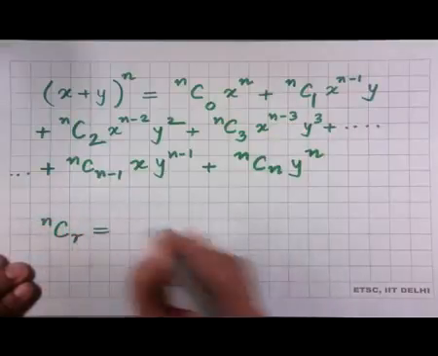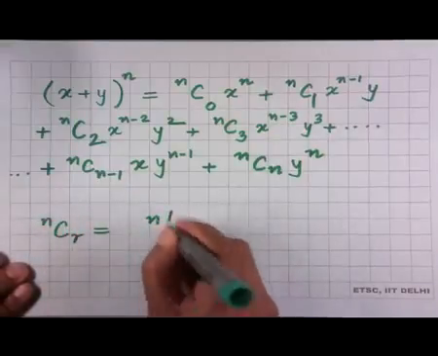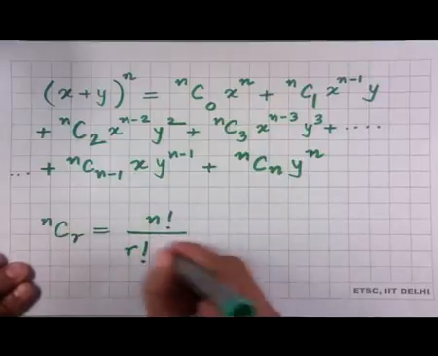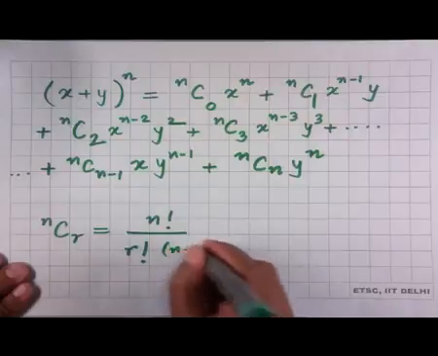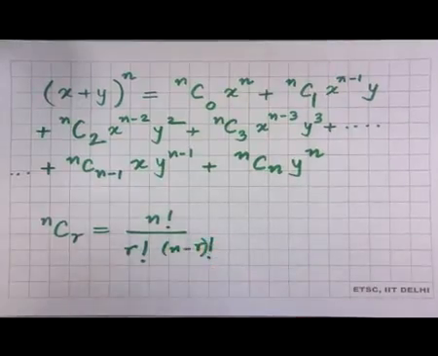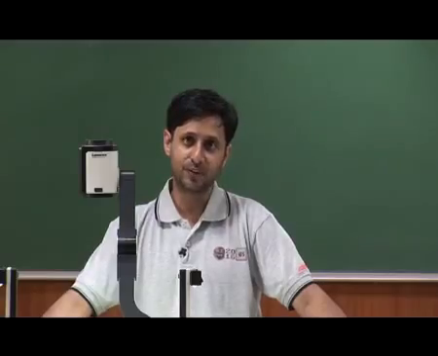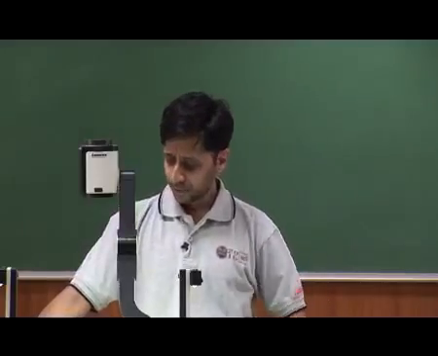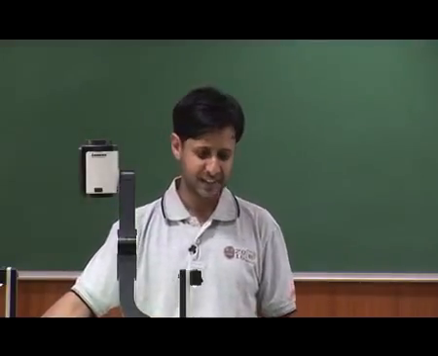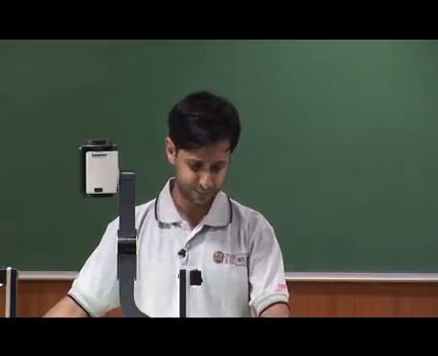I hope you know the combinatorics. It is factorial n by factorial r and factorial n minus r, right. So, this is the definition of n choose r. This is the statement of the theorem, and I did this just as a very brief recap.